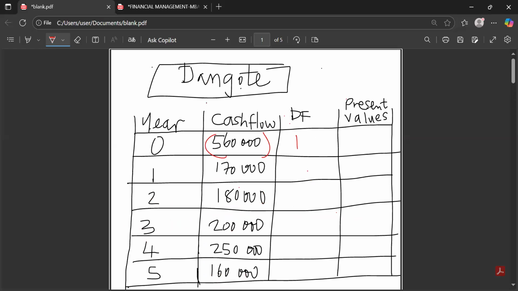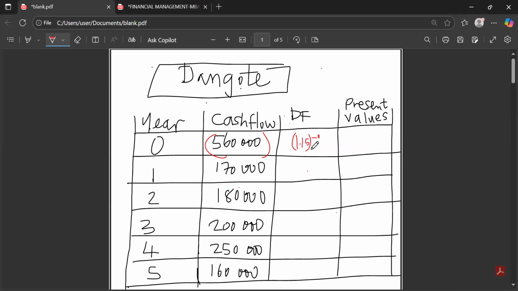You can use the financial tables so that we get what we need to do. For the first one, use a calculator, just say 1.15 to the power negative 0.